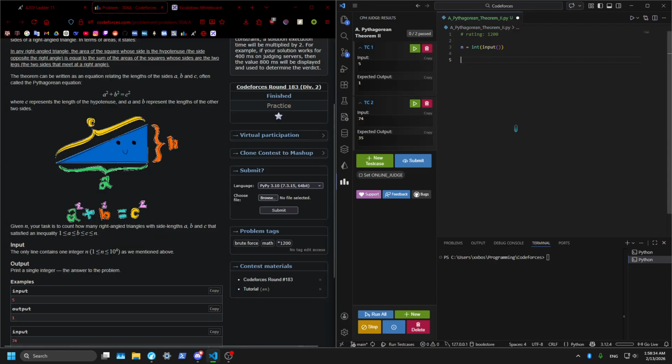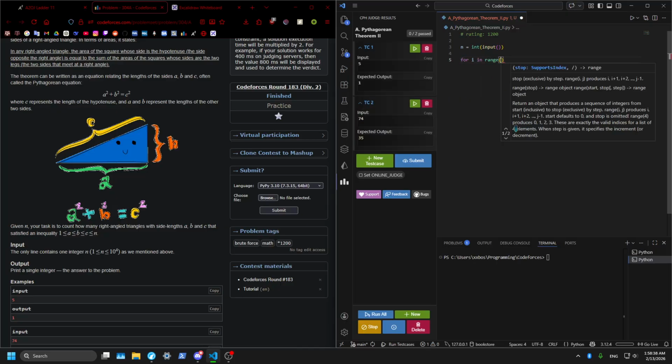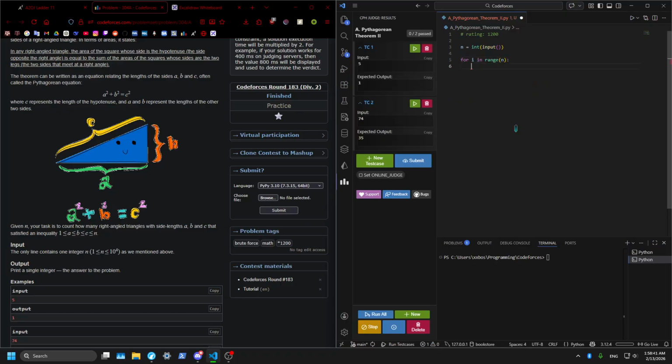Okay, for I in range n, for A in range n, for B in range n, C equals A squared plus B squared to the 0.5.